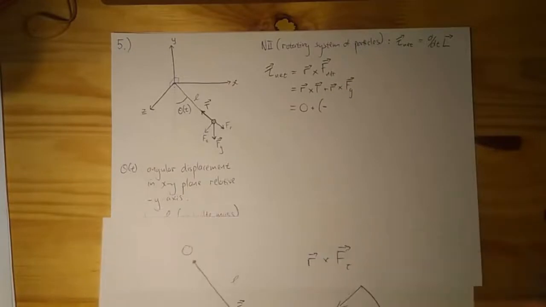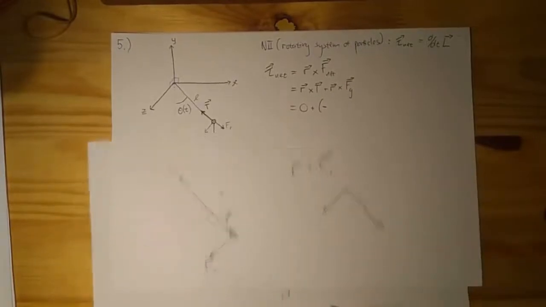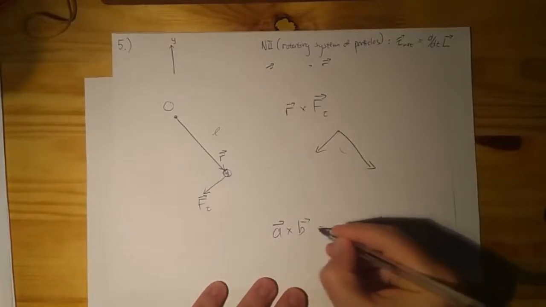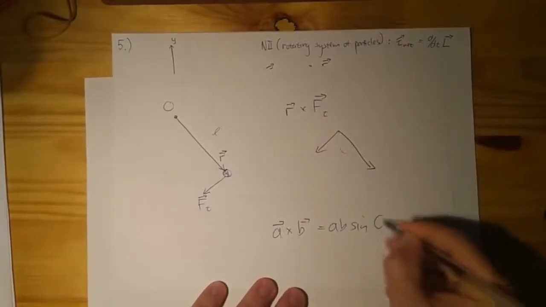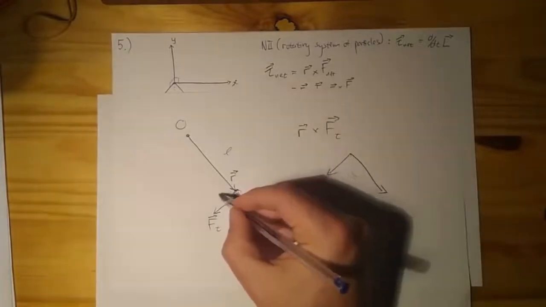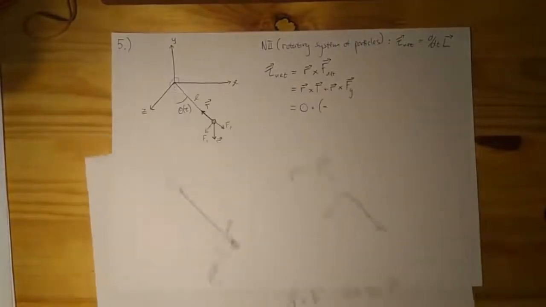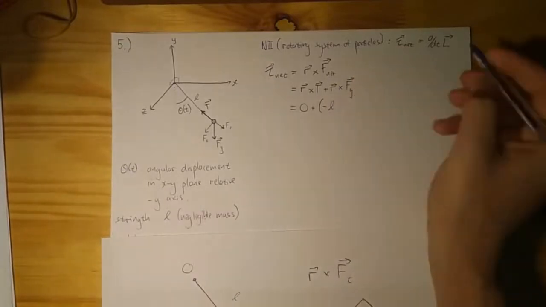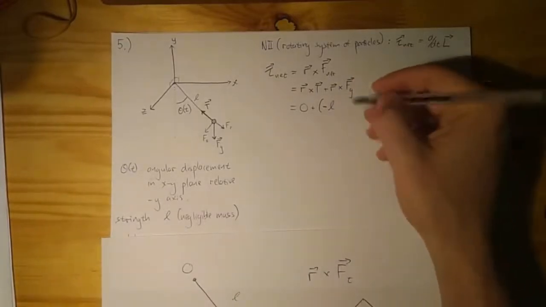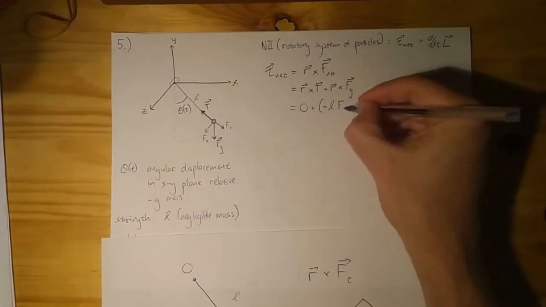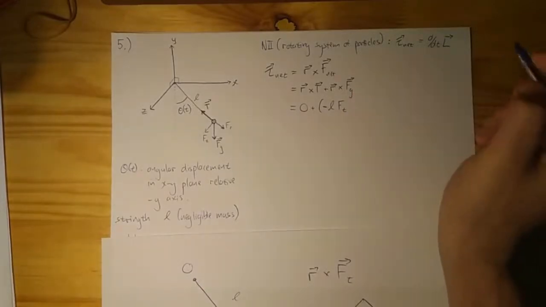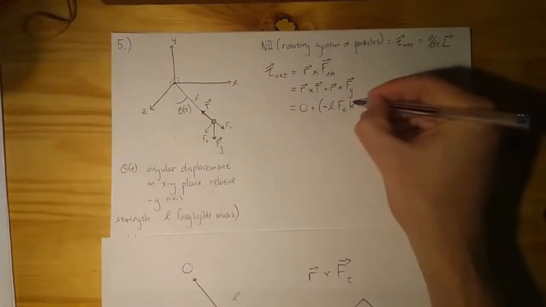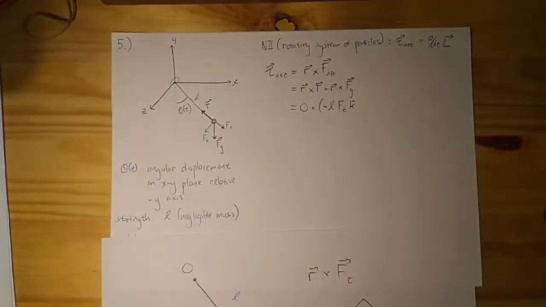And you remember, if you take a cross b, then it's going to be ab sine of the angle between them. And what is the angle between these two? Always 90 degrees. So this is just going to be minus L, the length of R, times Ft, which we can still calculate. The minus is there because it is in a negative z direction.